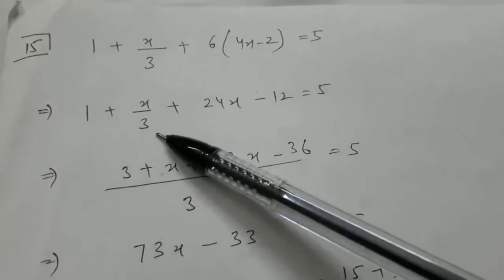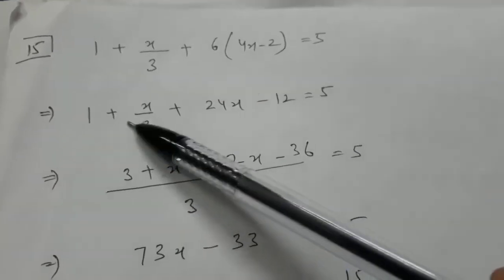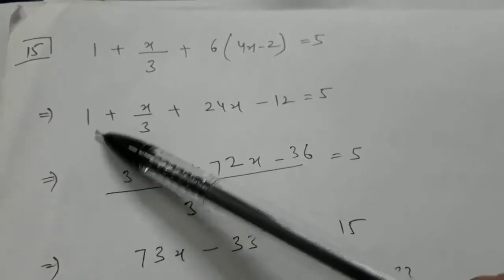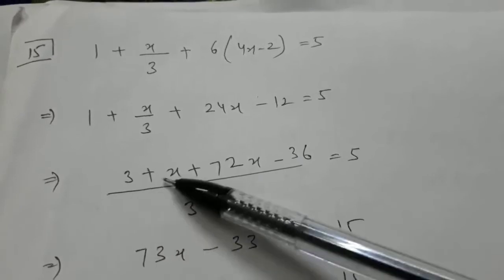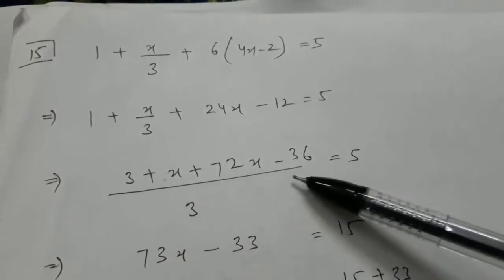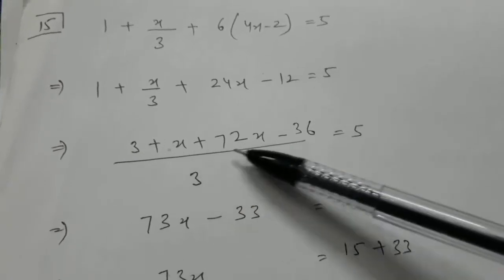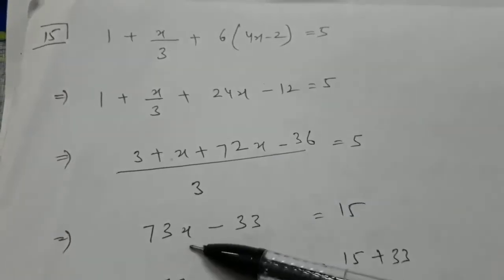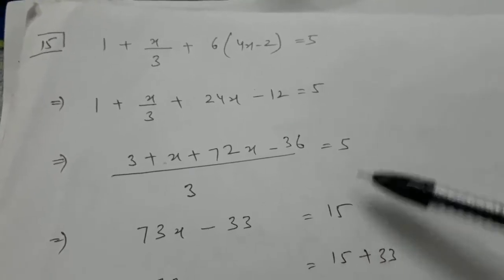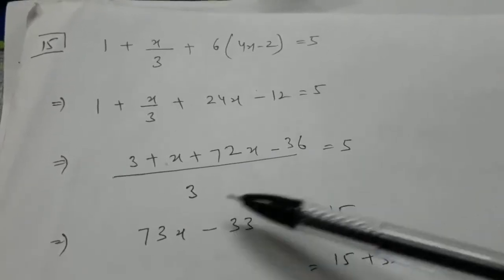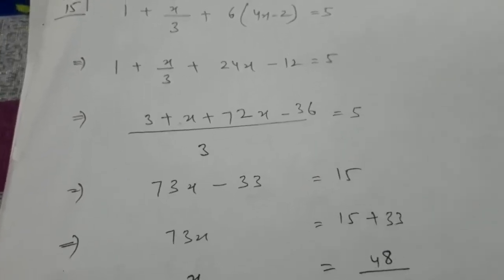We will take the LCM. 3 will be coming out as LCM. So after calculating with 1, it will be coming out as 3 plus x plus 72x minus 36 equal to 5. So after solving, 72 plus x equal to 73x, and minus 36 plus 3 equal to minus 33, and this 5 will be multiplied by this 3, so 15 will be there.